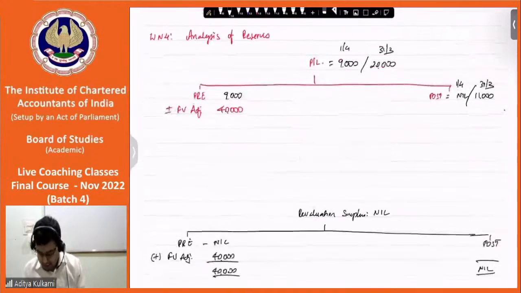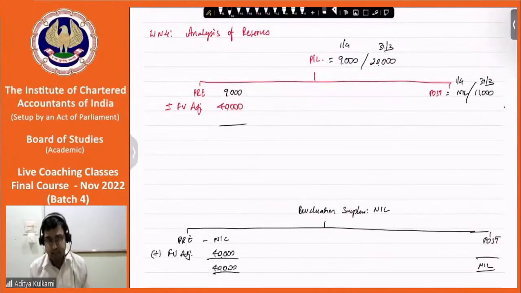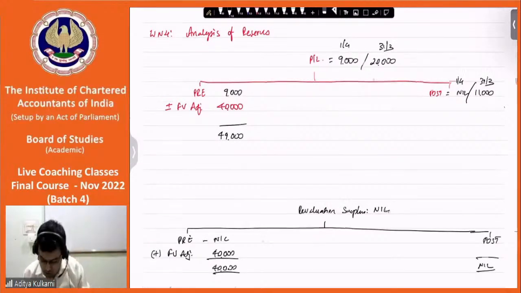So ultimately, pre-reserves, where do they go? Sir, pre-acquisition reserves go to your cost of control account. All right. So in the first case, if the 40,000 is recorded in your P&L, the entire 49,000 would go to your pre-acquisition reserves. That is your cost of control.